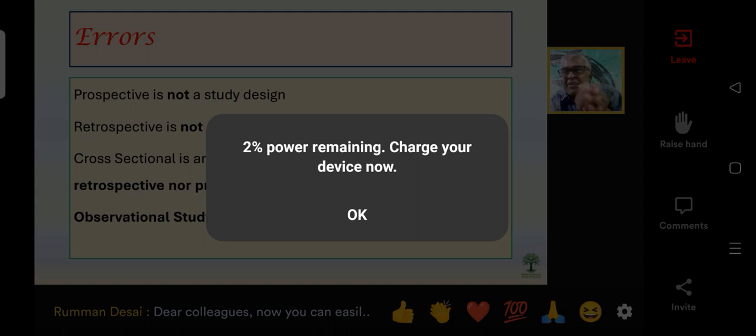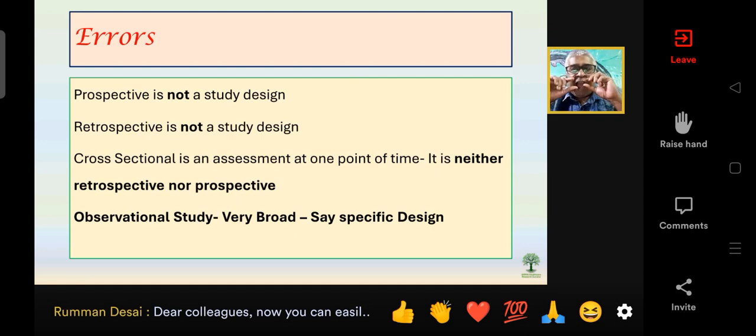Because from that point on, everything becomes a problem. So you have to be very careful of what you choose as your study design. After we choose that, then we can look at the specific elements that go into the build of each particular design, and that we will do in later sessions. But for now, what you need to know is, if these are the elements of my question, this must be the design that I must think of as my first choice.